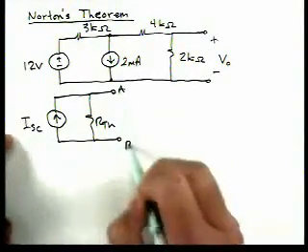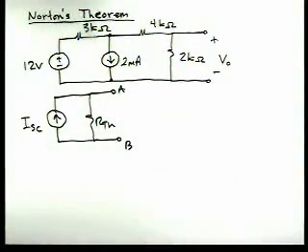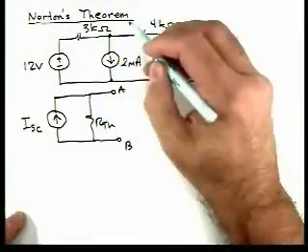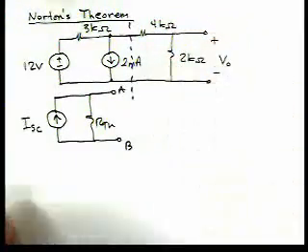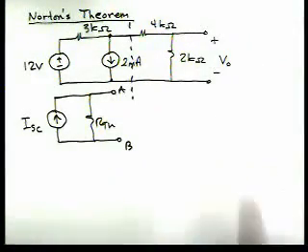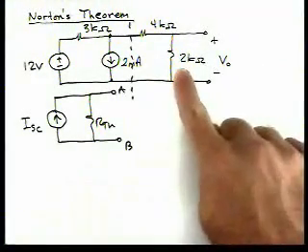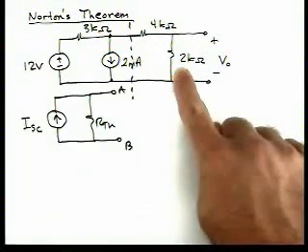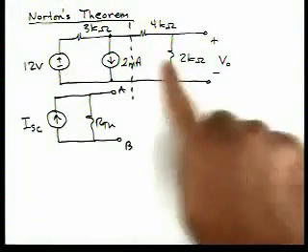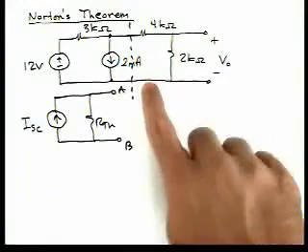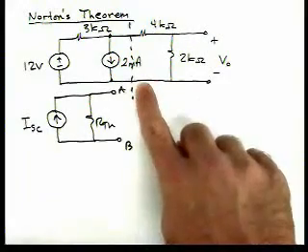We were asked to break it at this point in the circuit. We broke it at the 2K resistor for the Thevenin theorem. We could do the same thing here, but let's see what happens if I break the circuit here. So we're going to calculate the short circuit current.